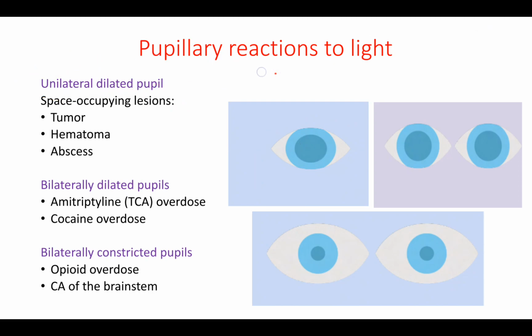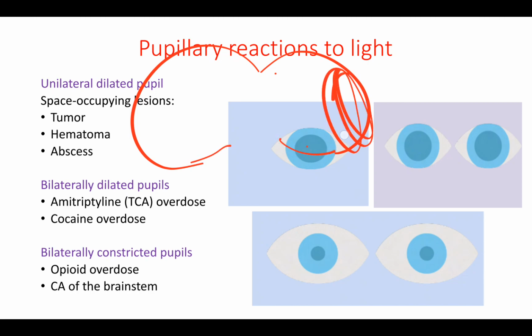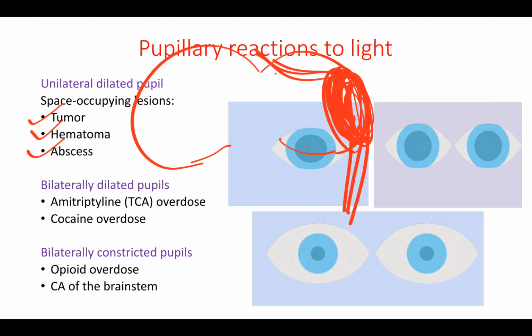So just imagine this being your brain. This is two sides of the cerebral hemispheres. So if there is any lesion here, any space occupying lesion, it could be a tumor, it could be a hematoma, that is nothing but blood clot, or it could be a brain infection or an abscess, right? So when this part is being affected, there is a chance that the optic nerves that are going through like this, any nerves that are participating in the optic pathway, are being compressed.